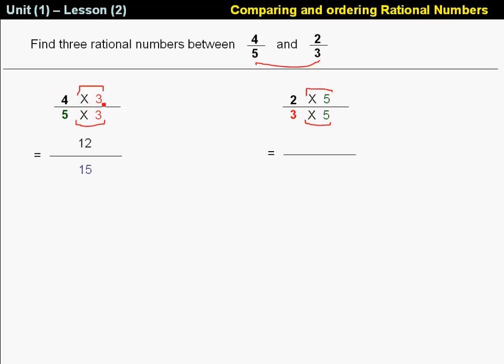This equals 4 times 3 is 12 over 15, and this is 10 over 15. So you have the same denominators, which is 15. We write this here and that here. We have the same denominators, so 10 and here is 12. What is between? 11. So between these two rational numbers, we have 11 over 15.